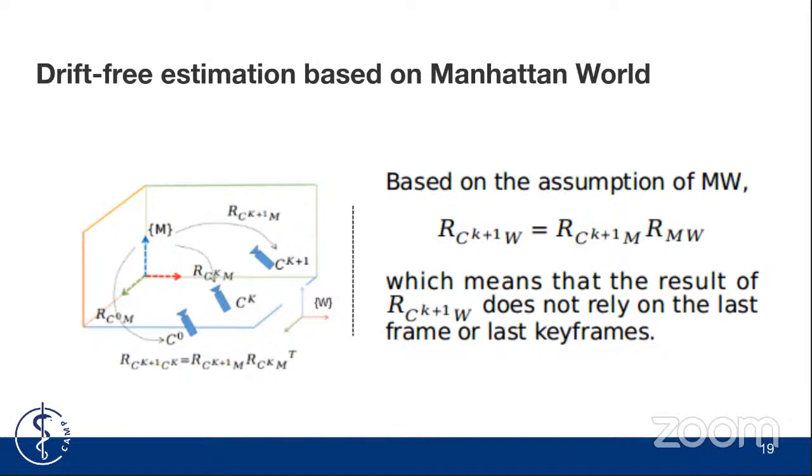But if you use the previous frame, you don't lose that. You still know which way is up. So you jump one frame forward, you still know which way is up, but you can correct your new estimate by locking onto the 90-degree assumptions. That gives you back an absolute estimate of your Manhattan world, which you can then apply to the original world transform.